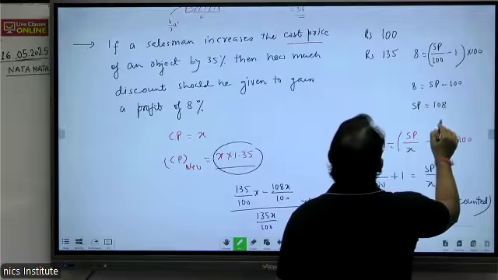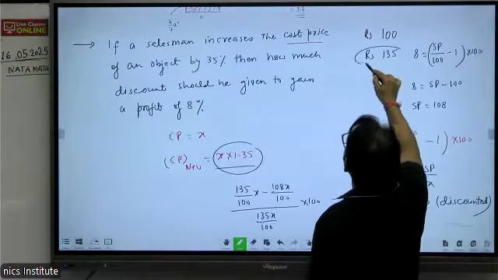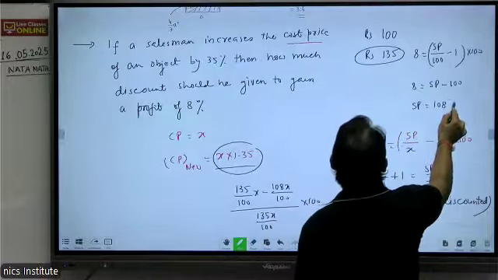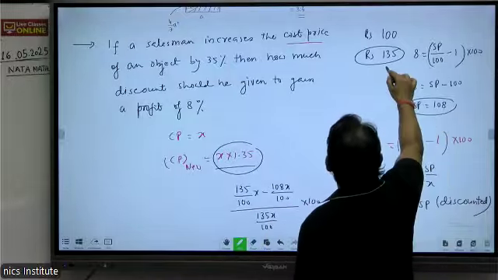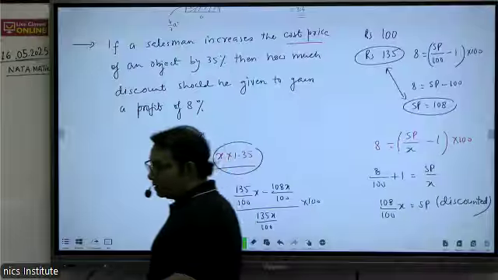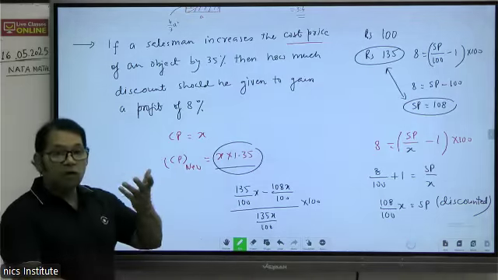Now understand. He's saying that the sell price is this, but he is giving some kind of discount on this. So how much discount has he given? He's quoting 135 rupees. He's selling it at 108. So what is the discounted money?